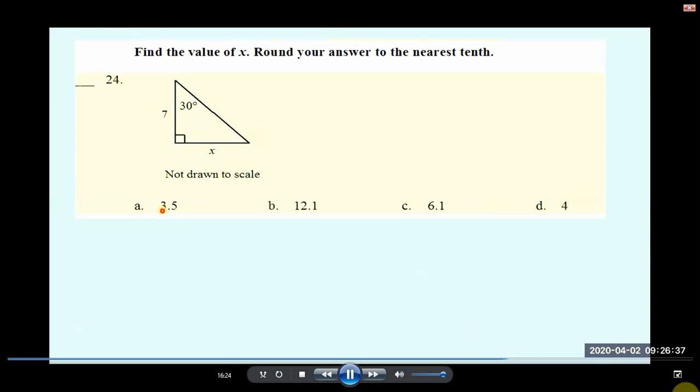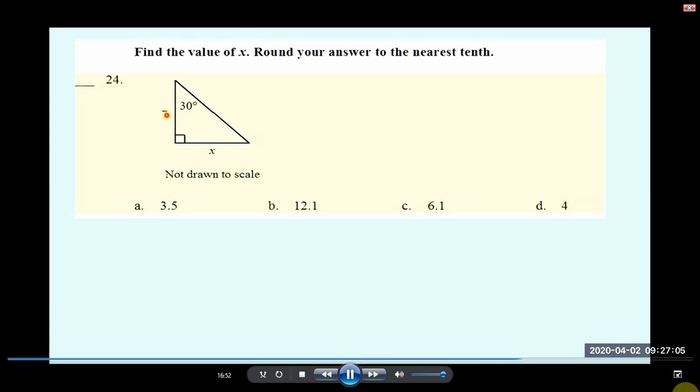Yes, easy. Okay. Find the value of x and round to the nearest tenth. This side x, what's the position of this side according to the angle 30? Hypotenuse, opposite, or adjacent? Opposite.